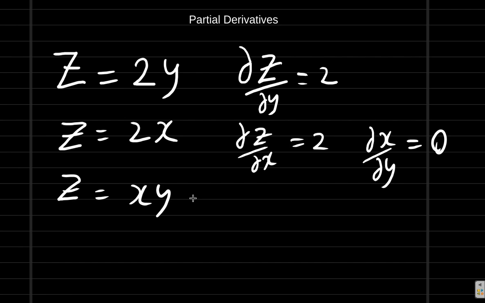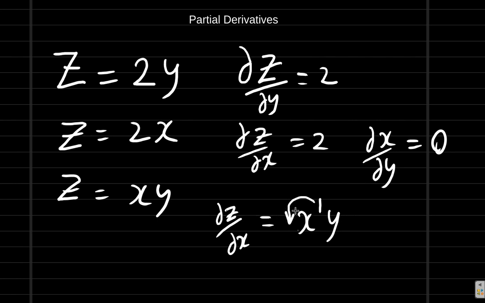But now, what about this one? z is equal to xy, and we want the partial derivative of z with respect to x. Well, let's argue it out. Partial derivative of z with respect to x. If you write the power of x, it will be x to the 1, right? Which is x times y. Then you use the power rule on it.